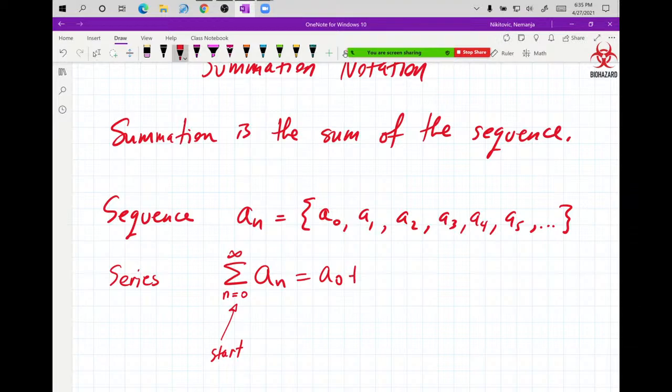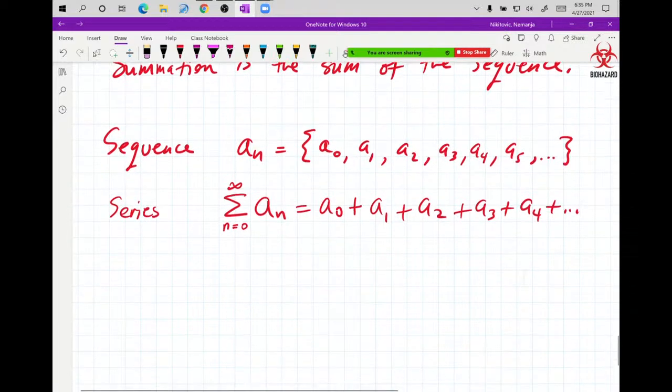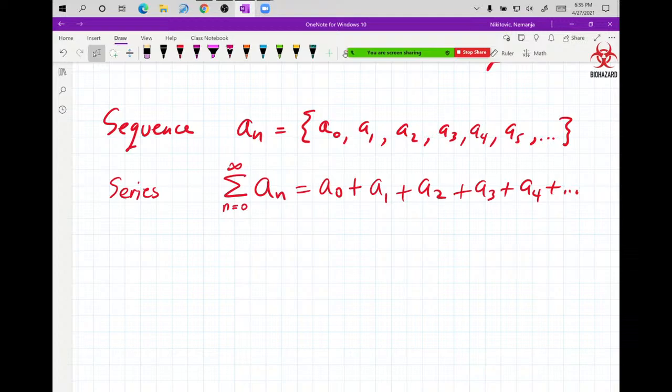Then summation means add, and then n ticks to the next number, which is 1, and then the next number, and then the next number, and the next one, going on forever. This is known as infinite series, and just like with your sequences, you can have a formula which generates these terms.